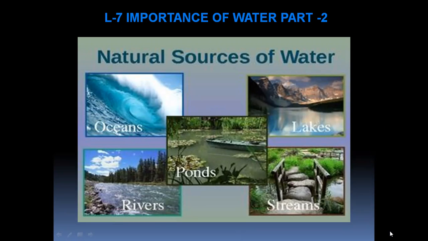We discussed the importance of water for animals and for plants in the first video, isn't it? So what are amphibious animals, what are aquatic animals, what are aquatic plants?